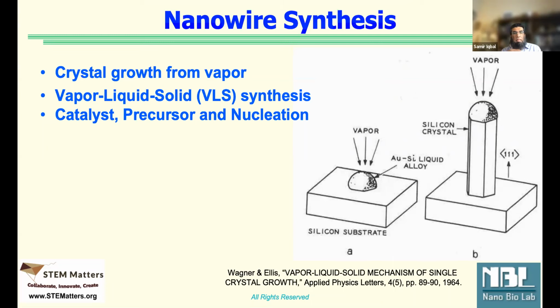In this case, on a silicon substrate, we have put down a gold particle. And if we heat it up, the gold is molten, it's just staying there, and we put silicon vapor into that chamber. This process is called VLS synthesis, vapor liquid solid synthesis.